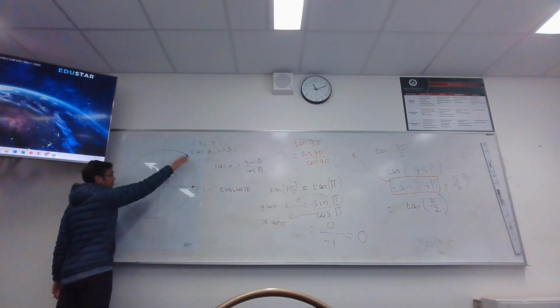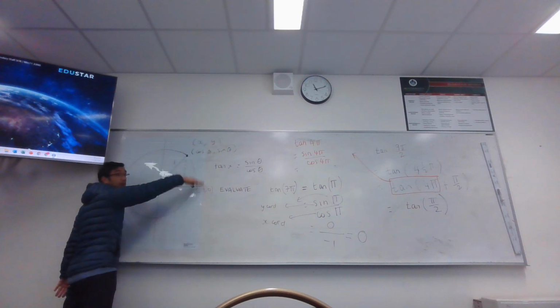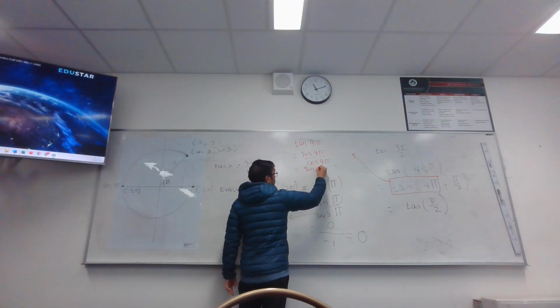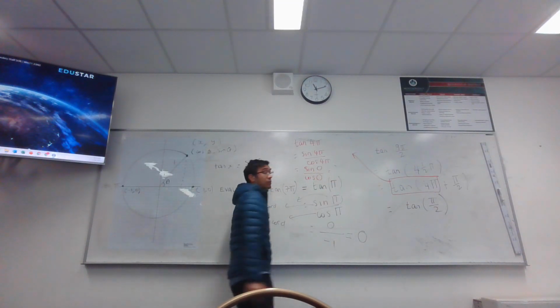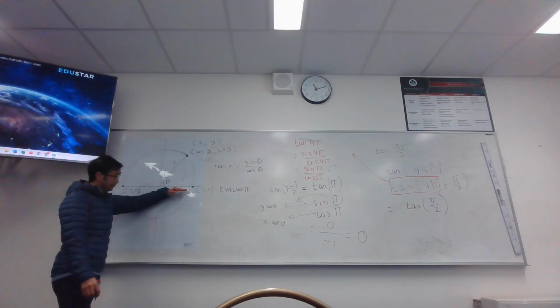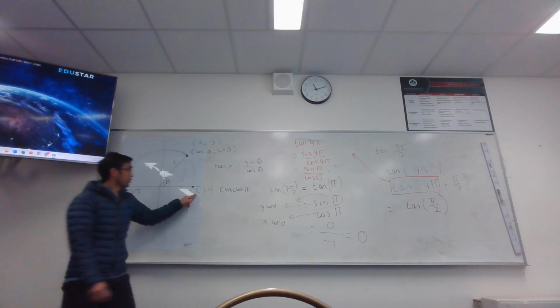This is 0, pi, 2 pi, so any even pi's are really zeros. Angle 0. And we know sine 0, what goes on top if it's sine 0? Is it the 1 or the 0? It's the 0.